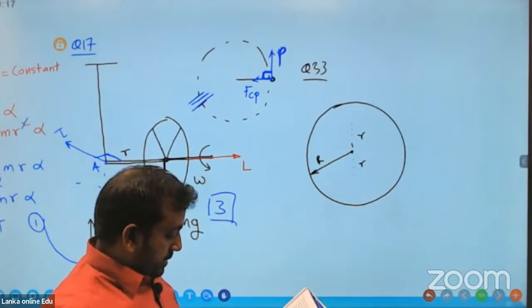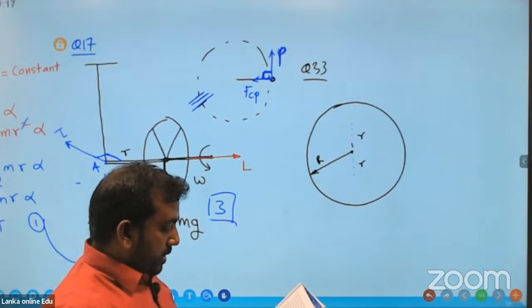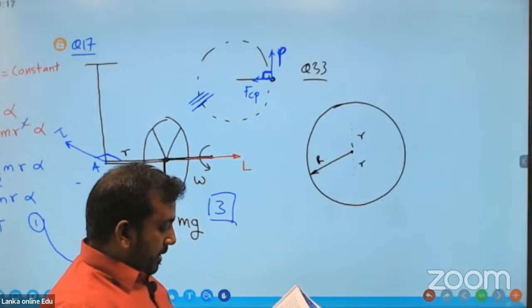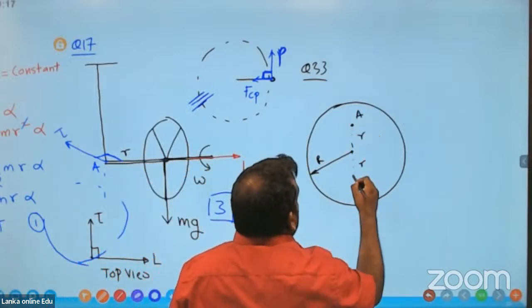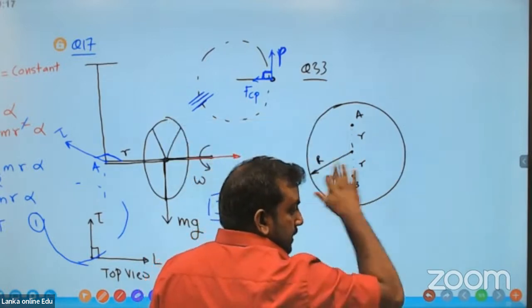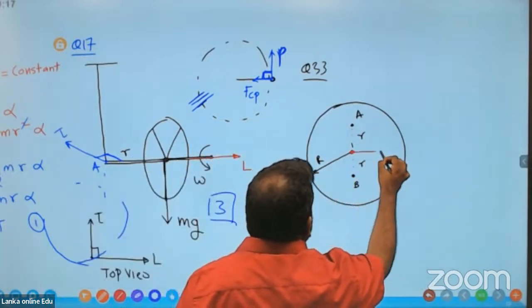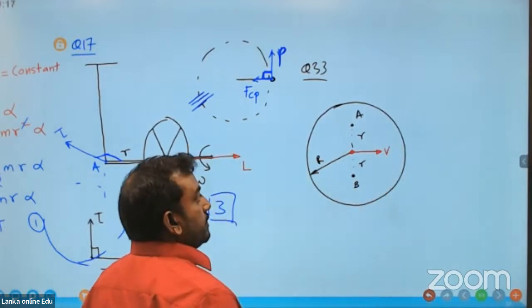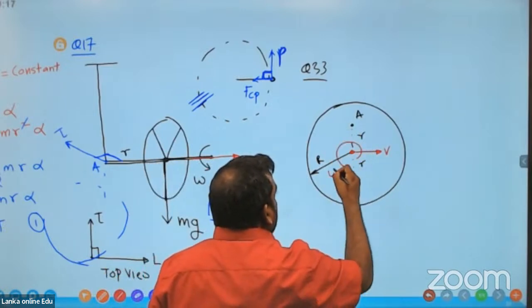If the air resistance is neglected, the horizontal component of the velocity of the grain relative to the vehicle immediately after detachment could have a value between... I'll keep position A, position B. So let's say the vehicle is going forward. The center here is going forward with a velocity V, and the wheel is rotating with omega.